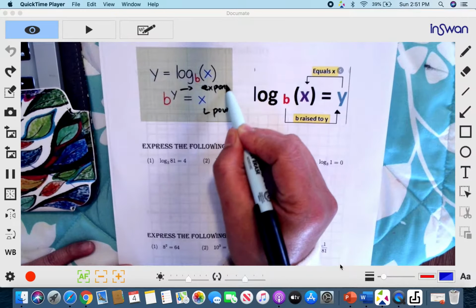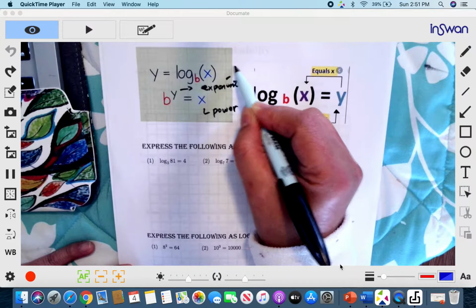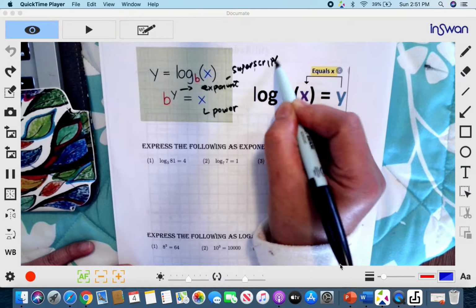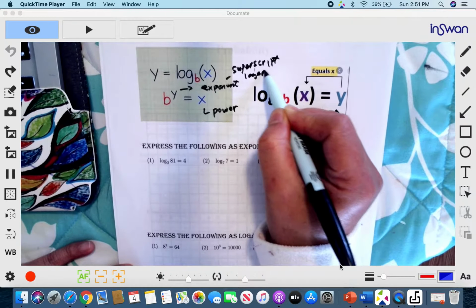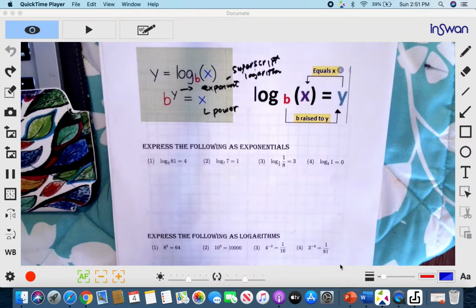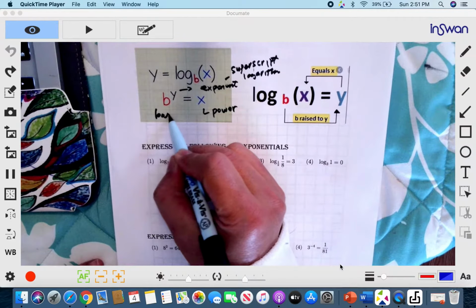We also call it the logarithm. So it has really three names: exponent, superscript, and also logarithm. That's why we say subscript, because it's written under. If it's written above, that's superscript, like Superman. And of course b is our base.